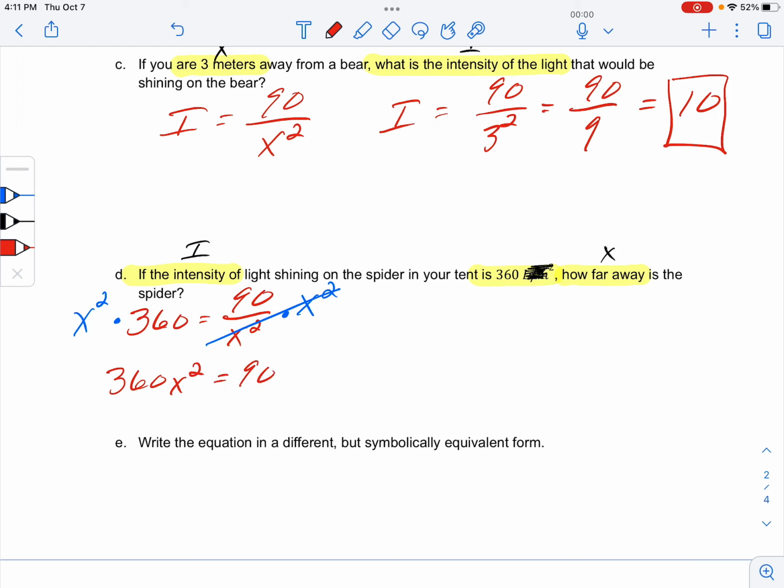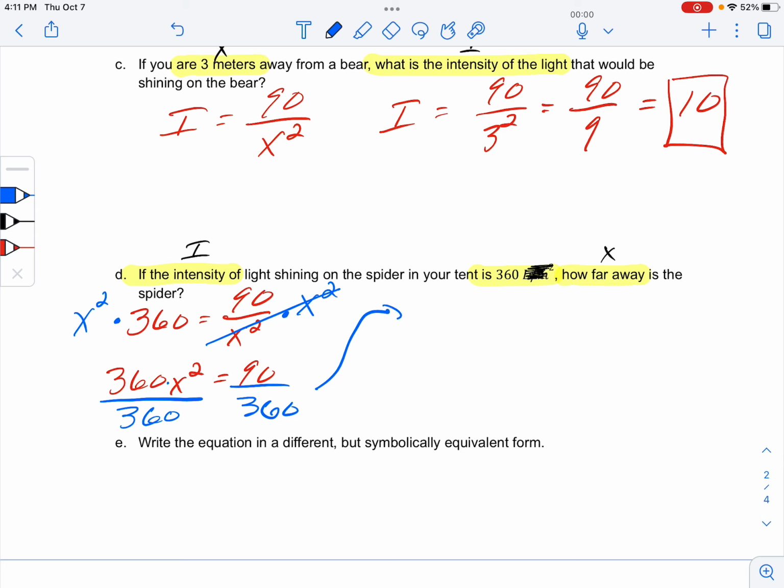Now we're closer to getting our x. We've got it in the top of the equation now, which is good, but we've still got some work to do. So when we're solving for a variable, we want to go in the opposite order of operations, meaning I want to do exponents last, and then the multiplication next to last. So this is 360 times x squared. In order to undo that, we're going to divide by 360.